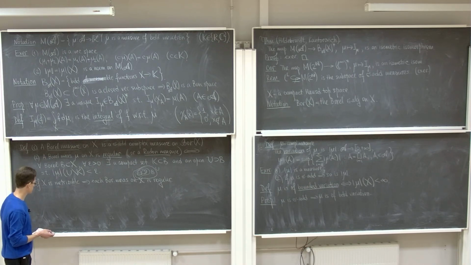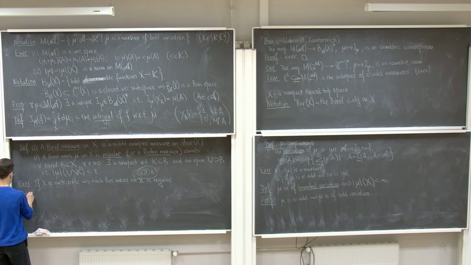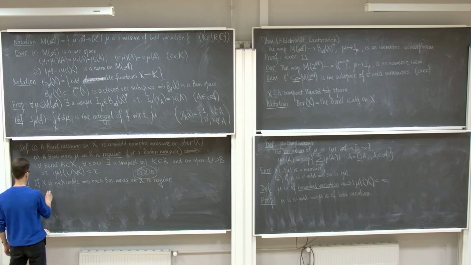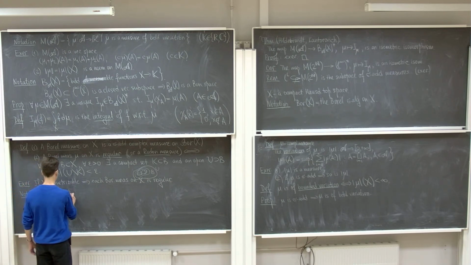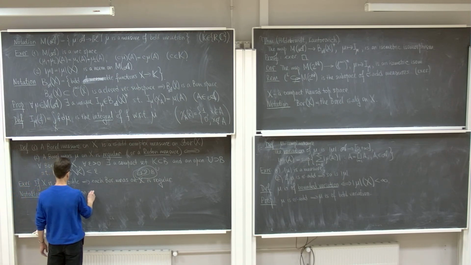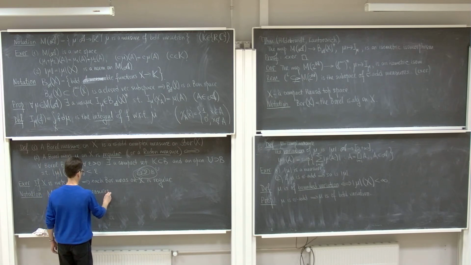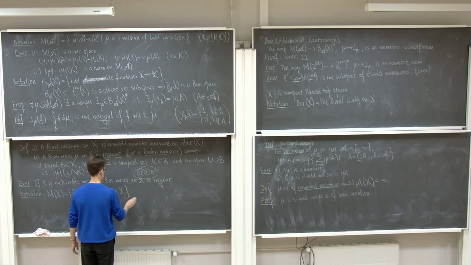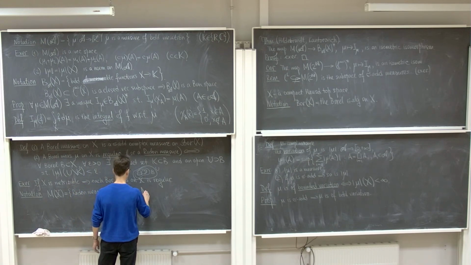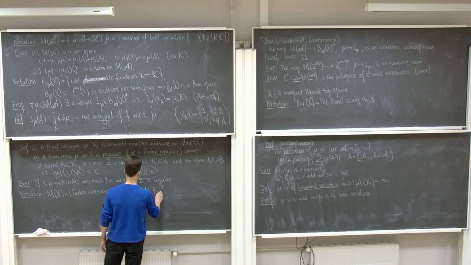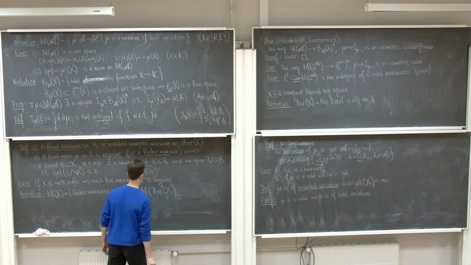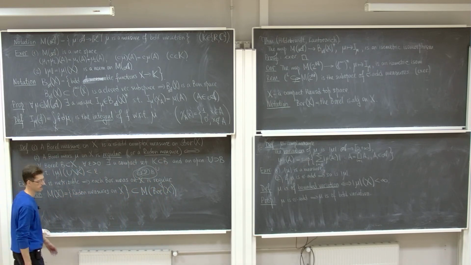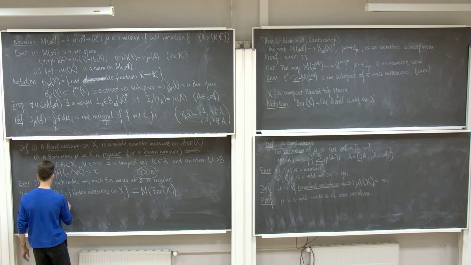Okay. Let's now consider the space of all Radon measures. We denote by M of X the space of all Radon measures on X. So it's a vector subspace in the space of all Borel measures and the space of all finitely additive measures of bounded variation on the Borel sigma algebra.